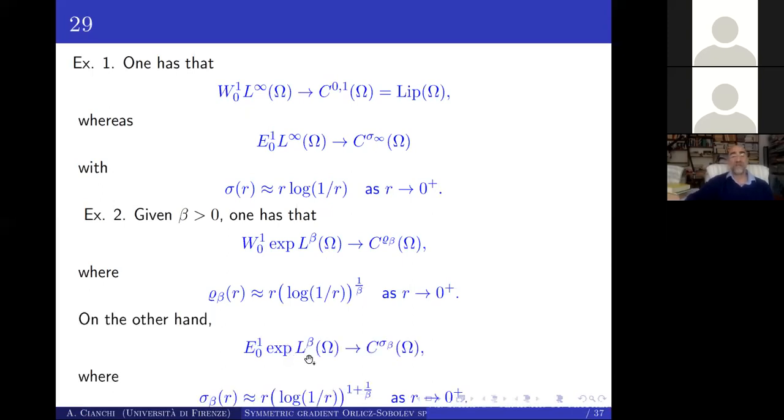But if the symmetric gradient is in exponential beta, then the modulus of continuity is this sigma beta, which is of the same structure, but here you see the power of the log is larger, which makes it grow faster, go to infinity faster when R goes to 0. So this modulus of continuity is worse than this one. And these are optimal. So in fact, there is this gap in this kind of target spaces.